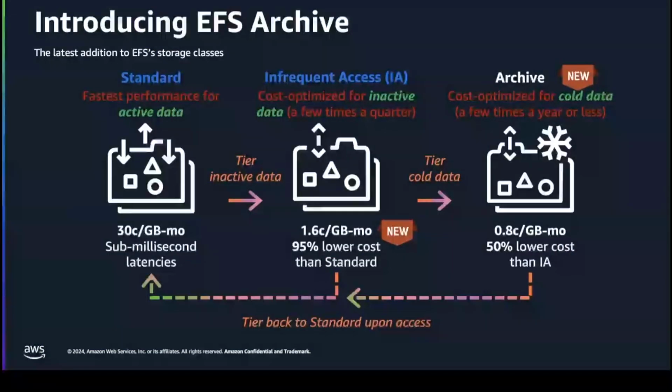And then the new archiving feature that I mentioned, which was new as of re:Invent, takes that cost savings that we got with our infrequent access tier and extends that from 1.6 cents per gigabyte per month to 0.8 cents per gigabyte per month, which is astoundingly cheap for file storage running in the cloud.